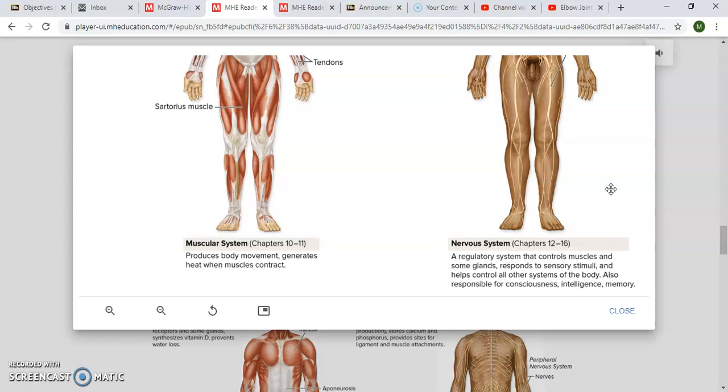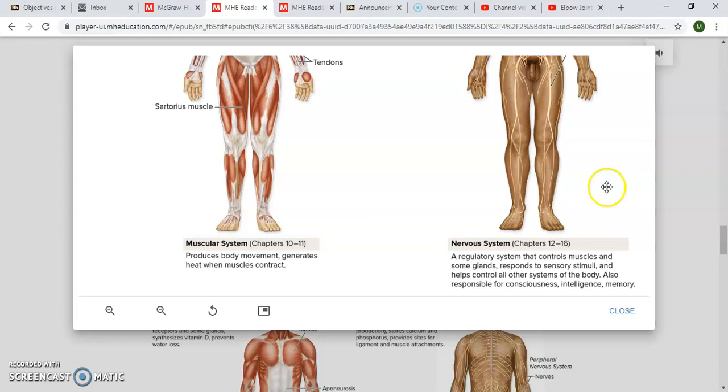Glands of the body won't secrete saliva or hormones or anything unless the nervous system tells them to. It's providing our sensations, not only our special senses but also our general senses. It sends that information to the brain and spinal cord, which decide what needs to be done. So it's a big controller. A lot of times we call the brain especially the control center of the body.